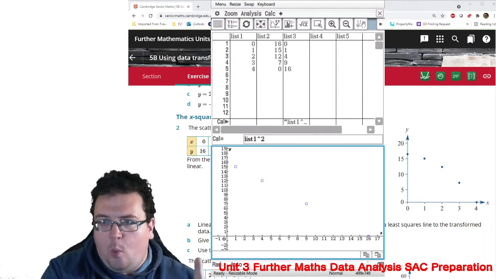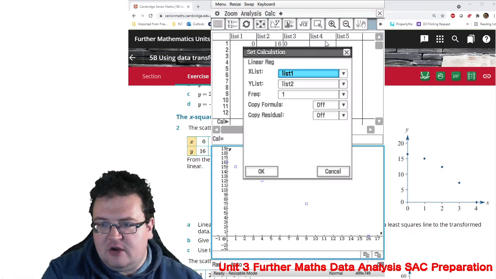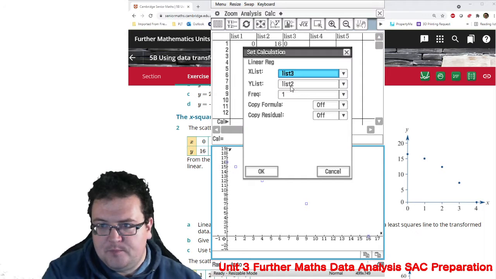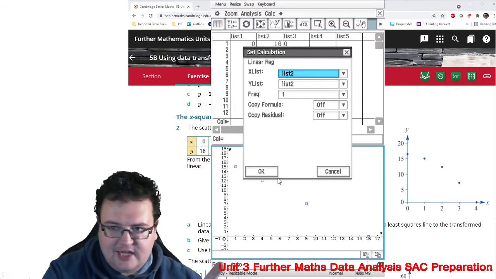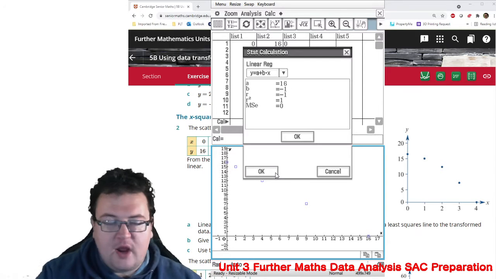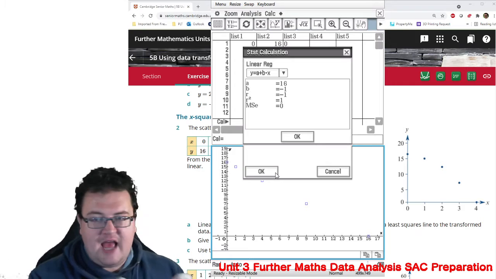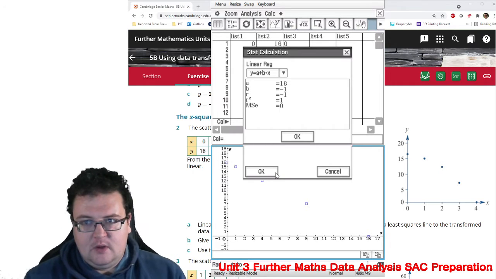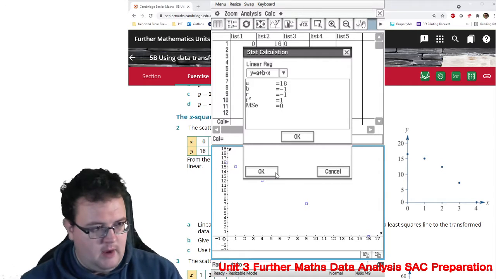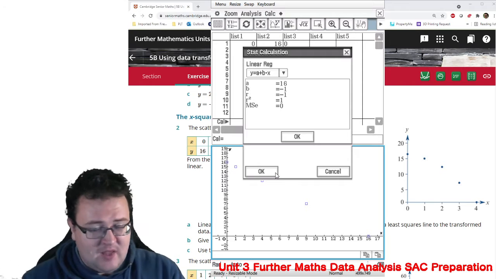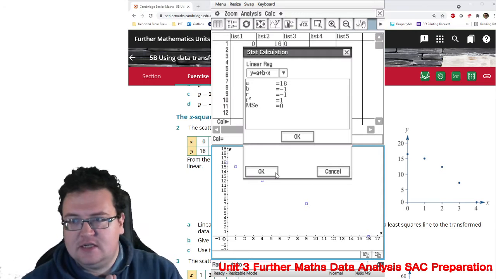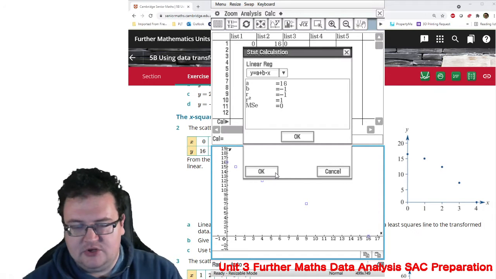So, when we do our linear regression analysis using list 3 and list 2 as our x list and y list, and we hit OK, we are presented with a plus bx. It says a is 16, b is minus 1, r is minus 1 as well, and r squared is 1. That means what we have is a perfect negative linear association.